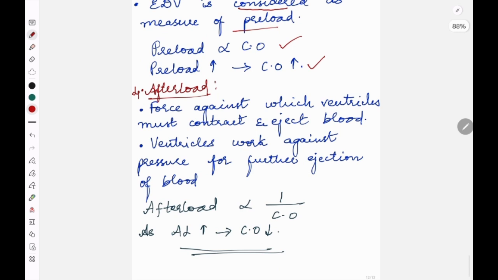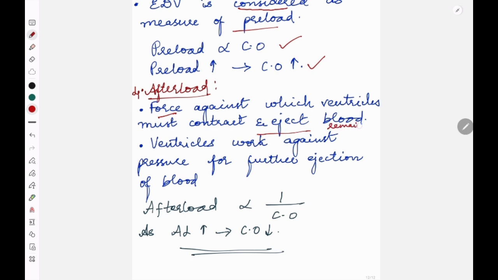Okay, then what is afterload? It is completely opposite to preload. That means after the cardiac pumping, after the cardiac output is ejected into the blood vessels, the remaining amount of blood that is present in the ventricle is what we call afterload. It is the force against which the ventricles must contract and eject the remaining blood.